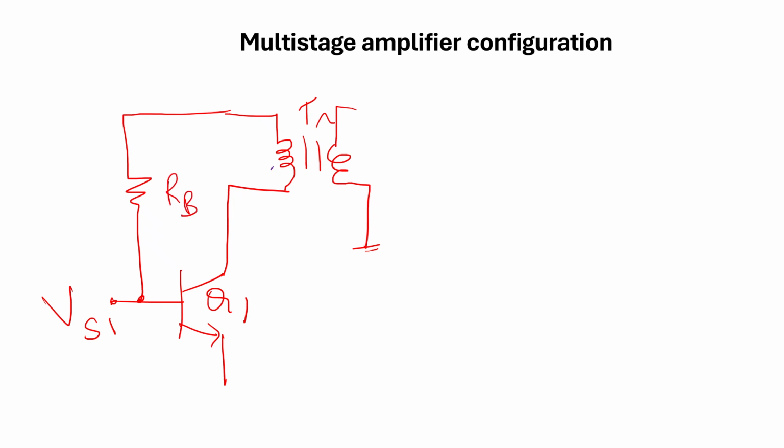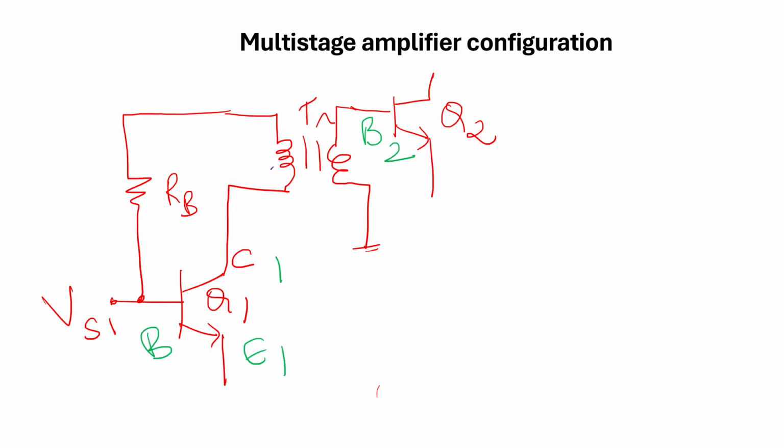Base biasing is given here. The primary of the transformer is connected to the collector terminal, which induces the voltage in the secondary of the transformer, the secondary being grounded, and the other terminal is connected to the base of the other transistor Q2.